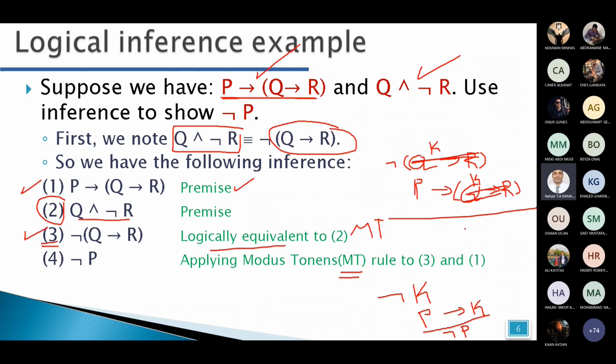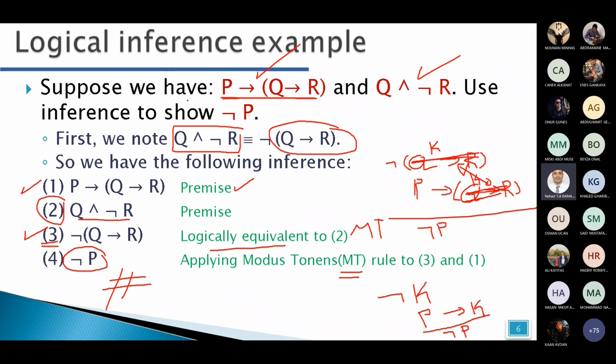So we have here, doesn't matter, X implies Y implies Z implies blah. It's not something, and same here, then we can get not P using MT rule. So apply MT rule to 3 and 1, we get not P. That's what we need.